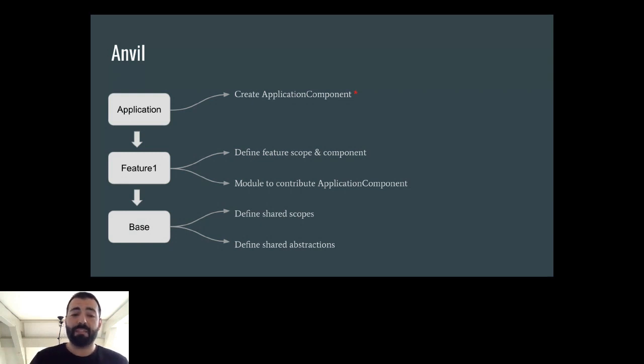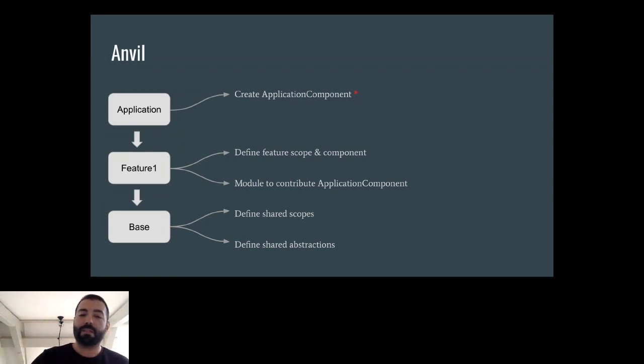So if you put it in base, which you actually can, there's nothing preventing you, it won't have any of the modules that you wanted to provide into it, and the generated code basically won't compile, because you will try to access it at some other places, and the generated code will not have those dependencies.